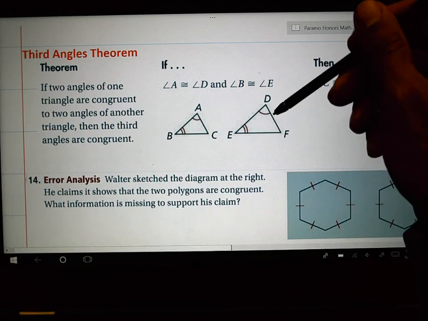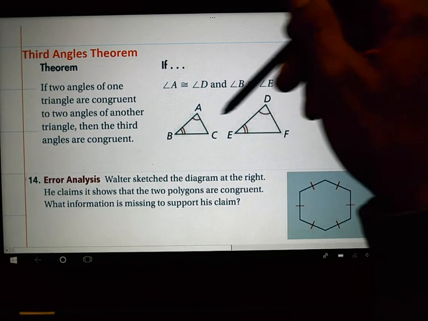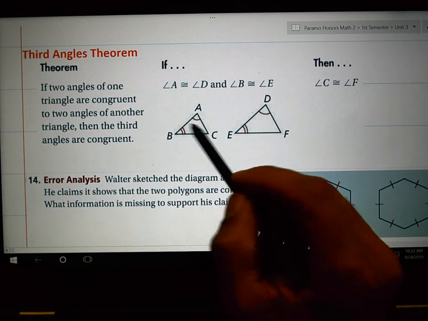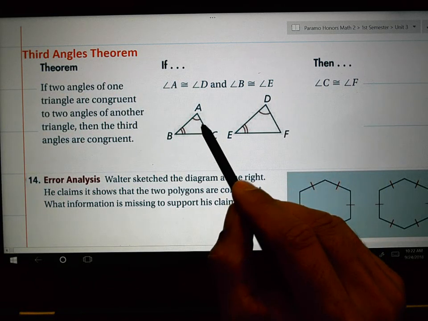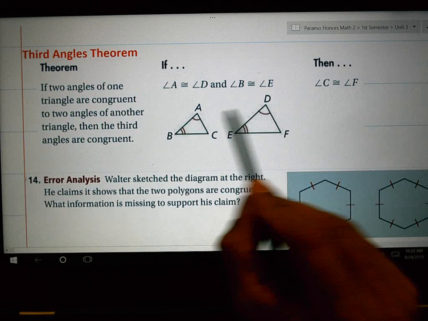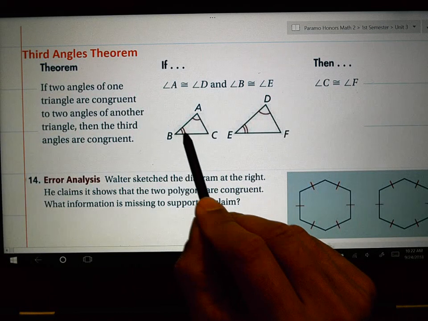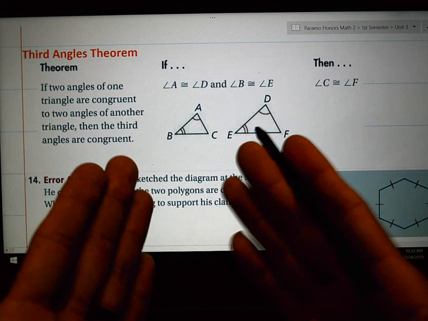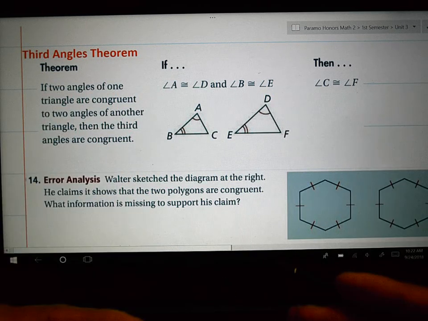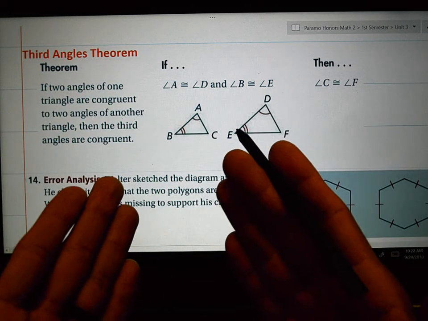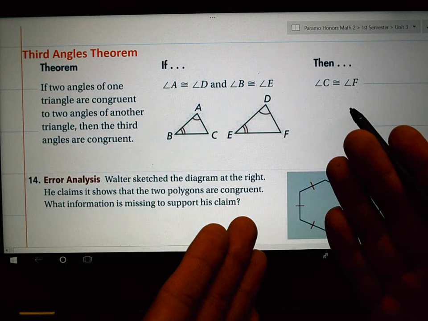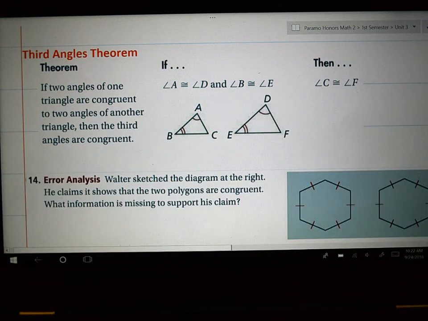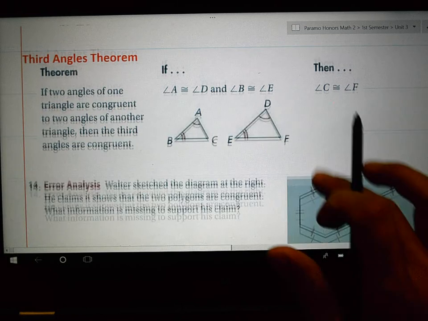Do you see any marks here that say that this side is the same as that side? So what you could have is a triangle that, let's just throw out some numbers, 30 degrees and 45 degrees and 45 degrees. They match, the angles match. Well, does that mean that the sides also match? We're not sure. These may not be congruent to each other. Their angles are, but the polygons, no, they are not necessarily the same. I'm hoping that makes sense to you.